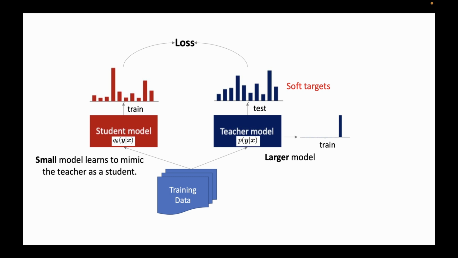For the teacher model, p is frozen, and the student model q theta is learning. For the loss function, instead of looking at the ground truth loss, we run data through the teacher and the student model. We look at the soft distributions, the soft targets, so this can be like post-softmax logits, or like the actual values inside the attention layers for transformers. We can compare this, and it's much better because it has much more granular information about actual knowledge, and it's a much more token-efficient way to train.